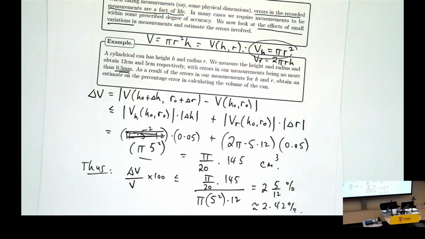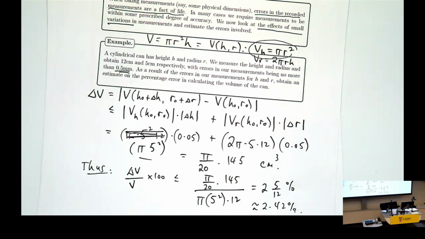So let's just think about the answer for a second. Right? Let's just think about what we've actually calculated. Our errors were pretty small. Right? So one measurement was 5 centimeters, the other one was 12. And the errors were less than half a millimeter, right? That's pretty small.